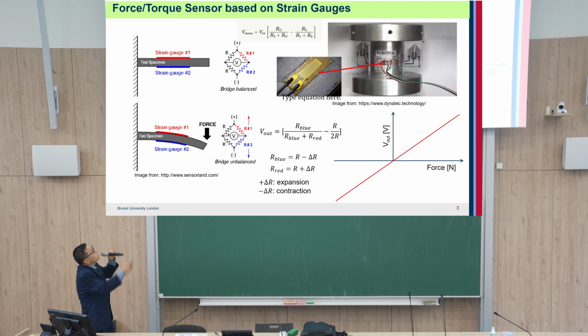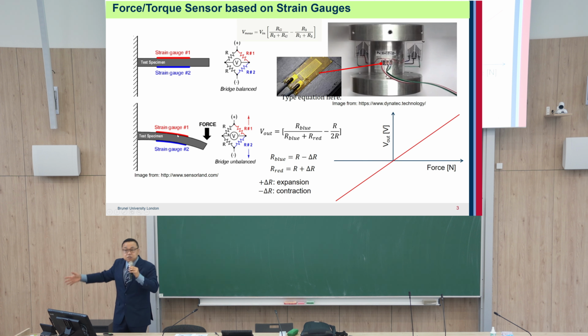Here, you attach a strain gauge on top and another one on the bottom. When force is applied, the upper strain gauge is expanded and the bottom strain gauge is contracted.